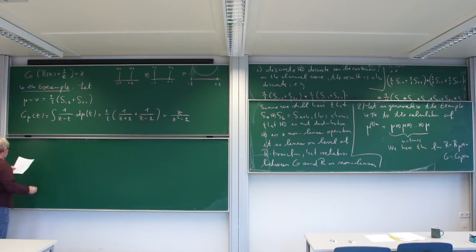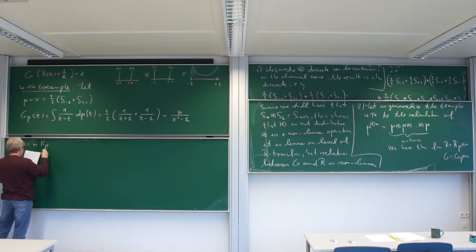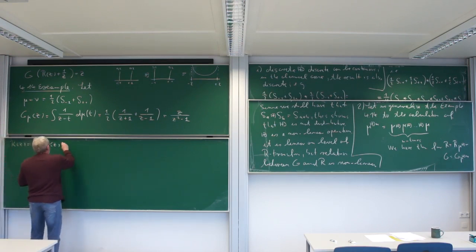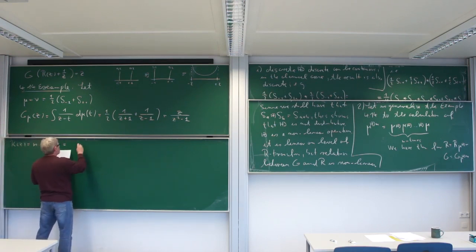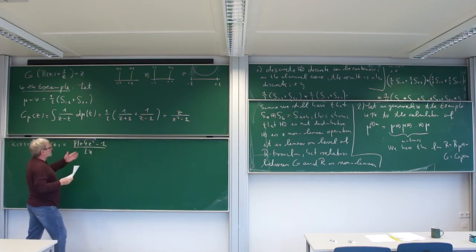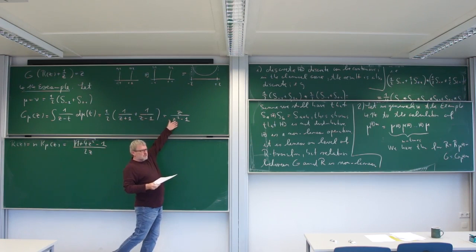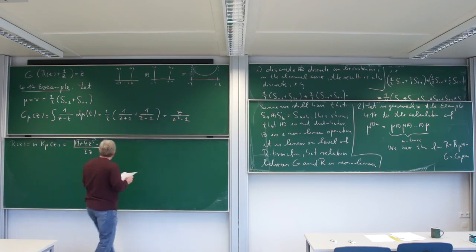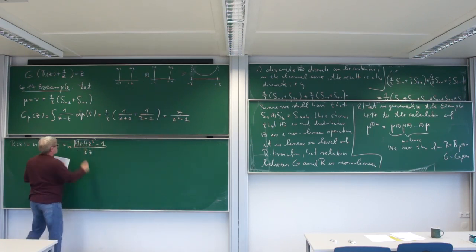So then we have the R transform, which is now n times the R transform of our measure mu, and mu is of course still this symmetric measure. The R transform of mu was the square root of 1 plus 4 z squared, minus 1, divided by 2z, which we got from solving the relation between R transform and Cauchy transform, and now we just multiply this with n.